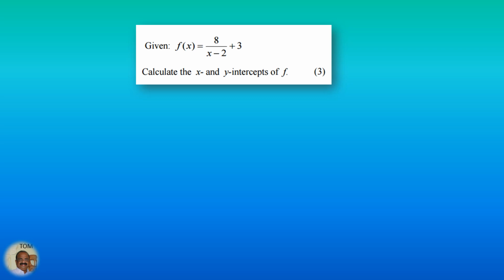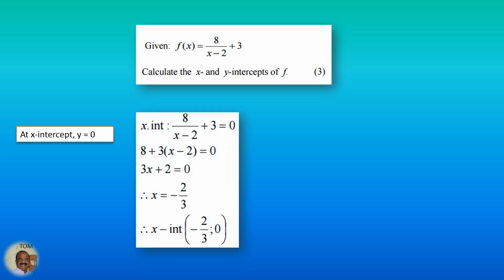Calculate the x and y intercepts of f. 3 marks. We know that at the x-intercept, the y-coordinate of the point must be 0. We substitute y equal to 0 into the function. f of x is y. So 8 over x minus 2 plus 3 equal to 0.